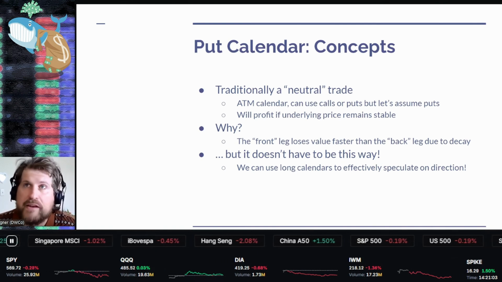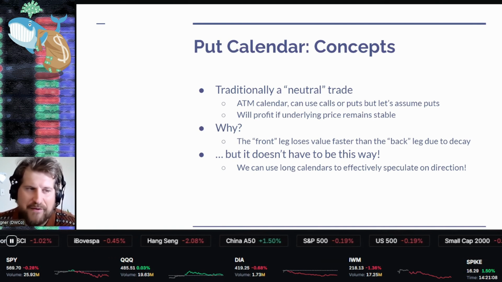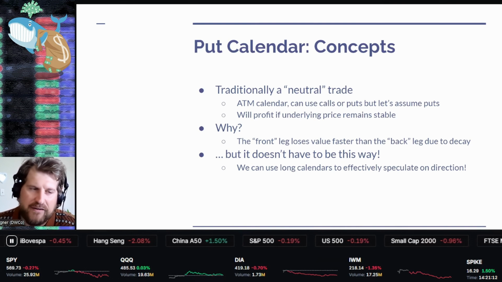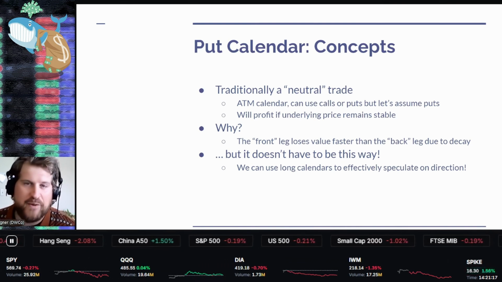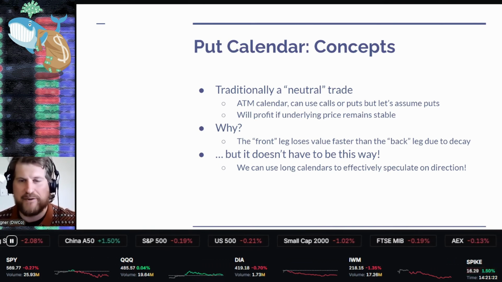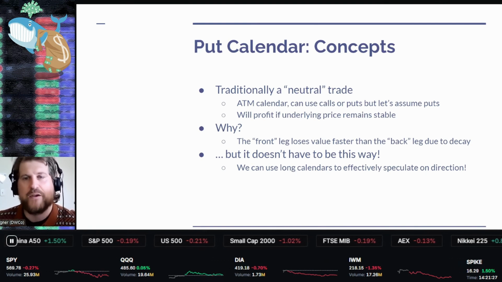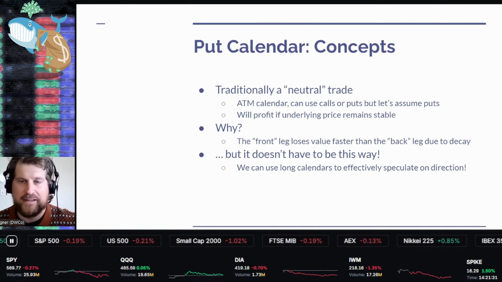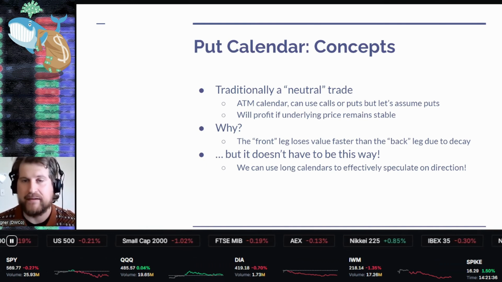When you go out of the money, the benefit that you see has to do with a handful of things, but one of the most important is a larger difference in implied volatility. The put that you're selling in this example is going to have higher implied volatility than the put that you're buying.